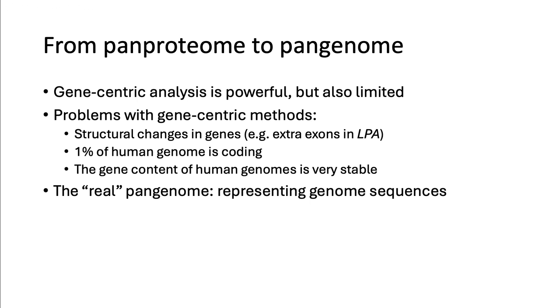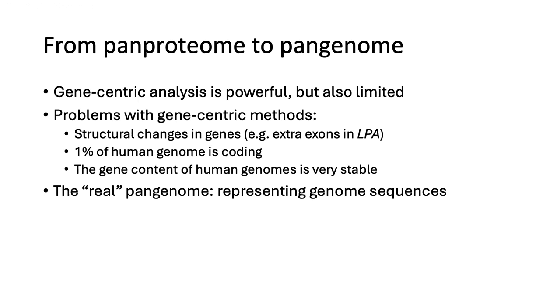And secondly, only 1% of the human genome is coding-rich regions. For bacteria, it's more like 90% of the genome that is coding-rich regions. And so if you only focus on this small fraction of genes, we don't understand, say, the transposons and also the other more complex regions.